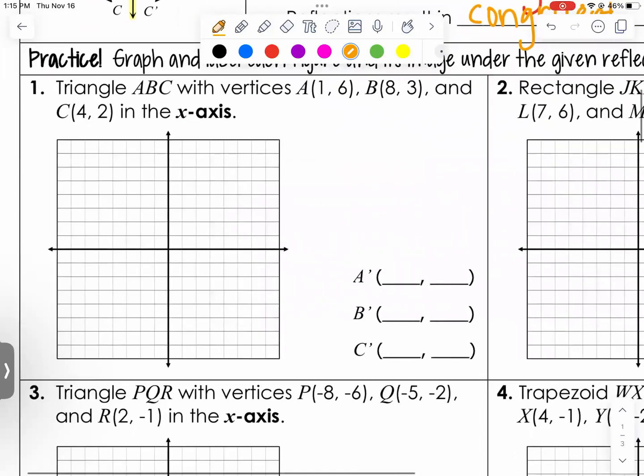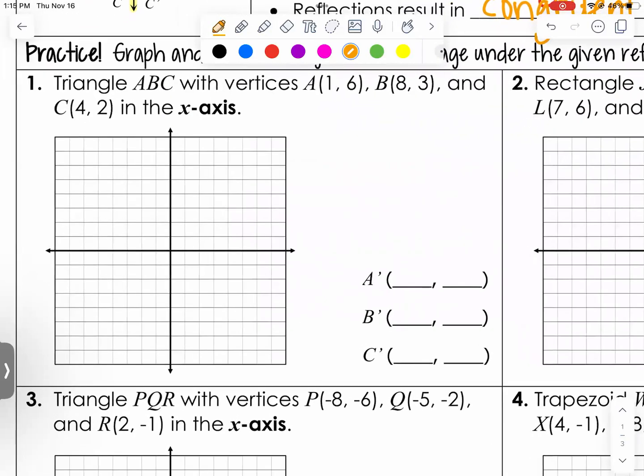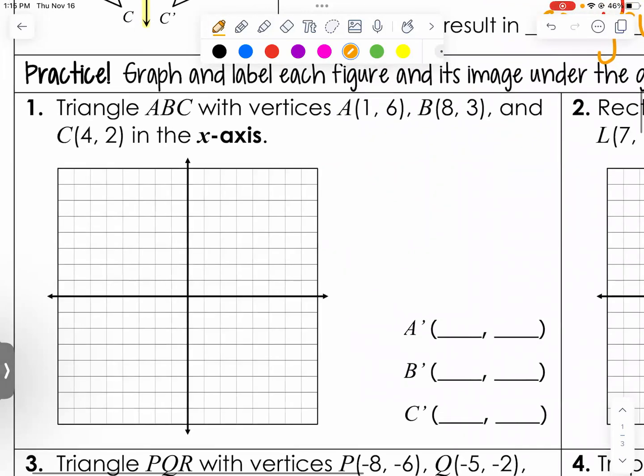Okay, so we're gonna look at number one. Wait. Oh shoot! Did I erase my figure that I had already? Okay, so this is what we were working with right here.